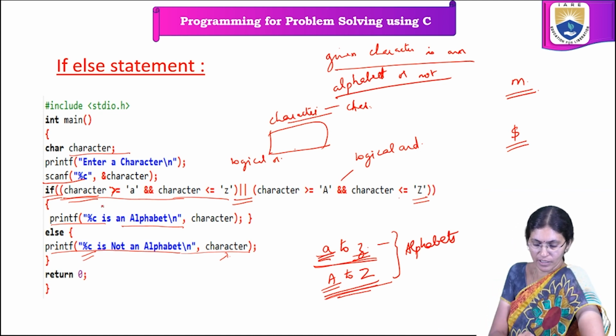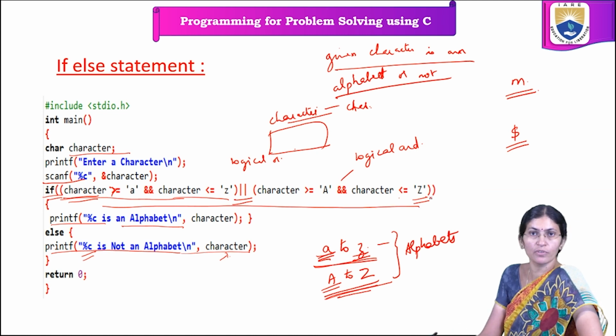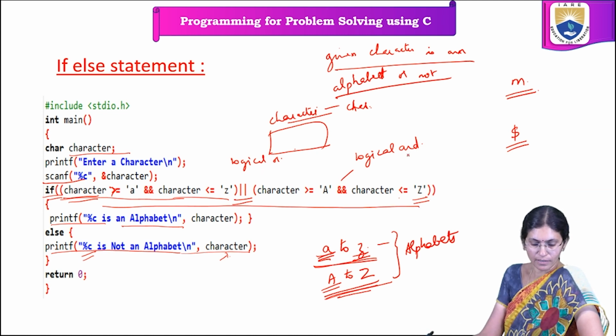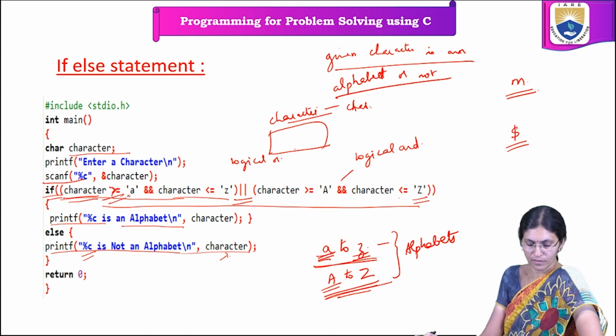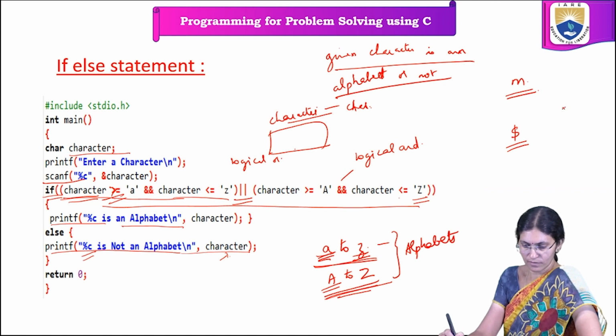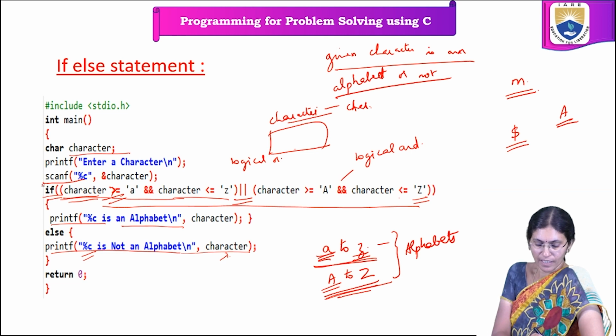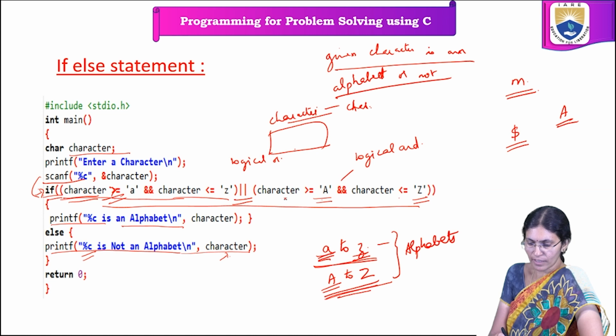So here in this if condition we have made use of logical or, logical and, and relational operators also. Suppose the user is entering capital A here. After the scanf function, the control is transferred here. The entered character is greater than or equal to A, it is equal to A. Therefore it will print that A is an alphabet.